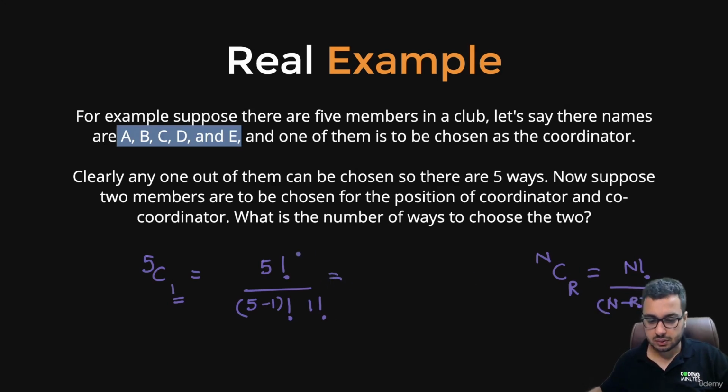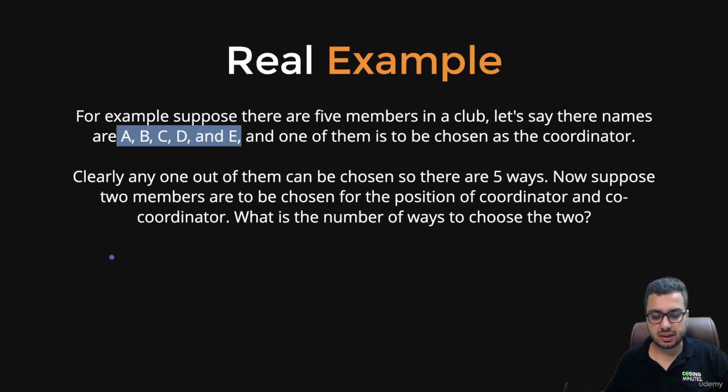So this is 5 factorial divided by 4 factorial, which is 5. This is another way of figuring out how many ways we can choose one person out of 5 people. C is known as the binomial coefficient, so nCr is known as the binomial coefficient. Very soon we will learn about binomial coefficients and how to compute them.